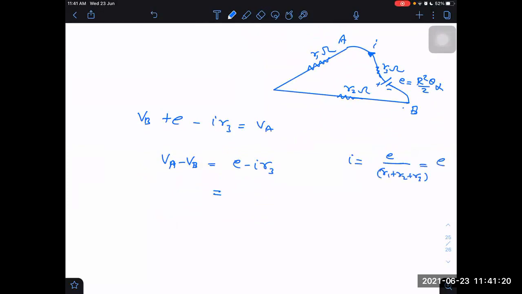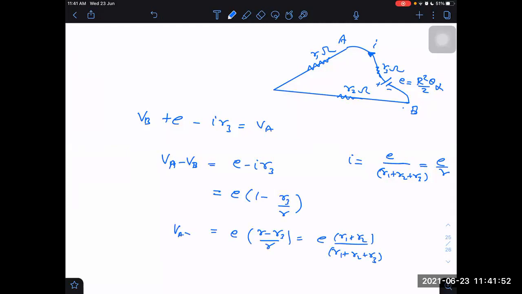Let us call the net resistance R. So I'm getting the answer finally, E into 1 minus R3 by R. Or finally I can write it as E into R1 plus R2 divided by R. That is the potential difference VA minus VB.